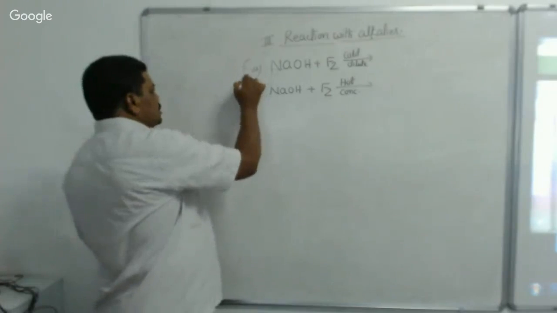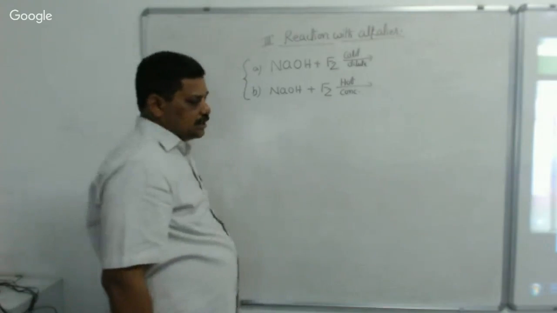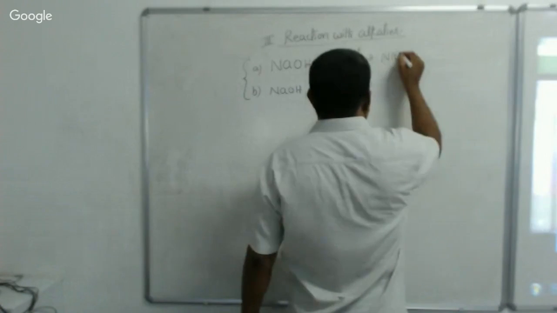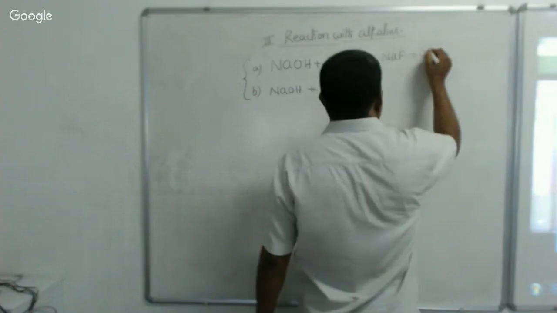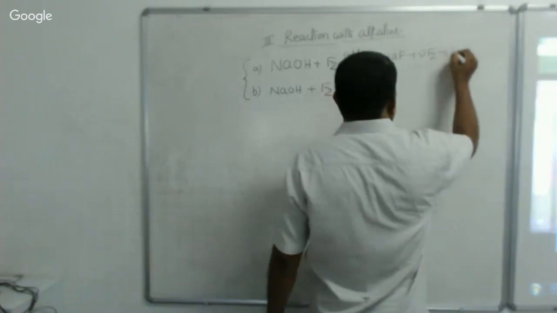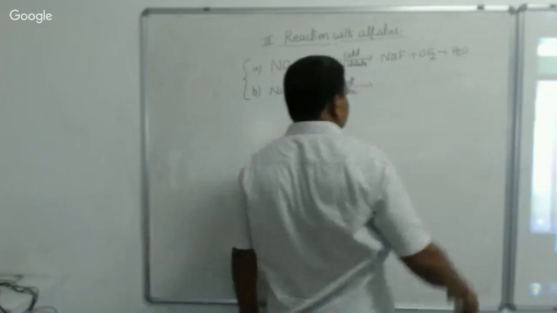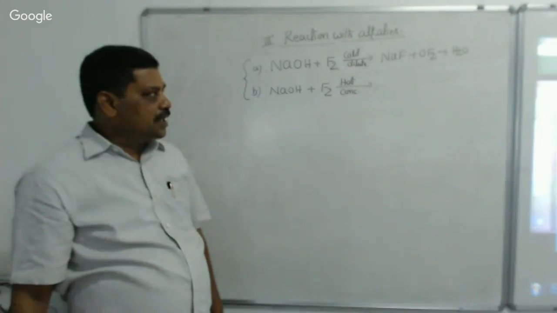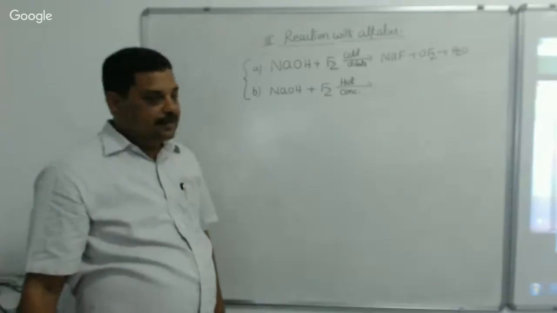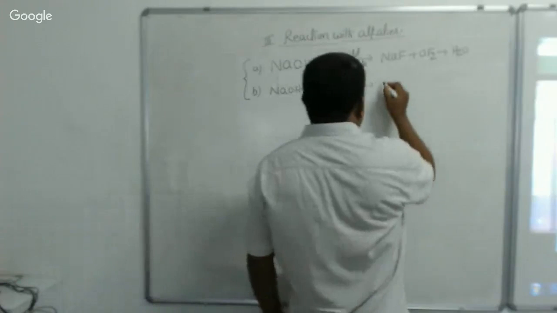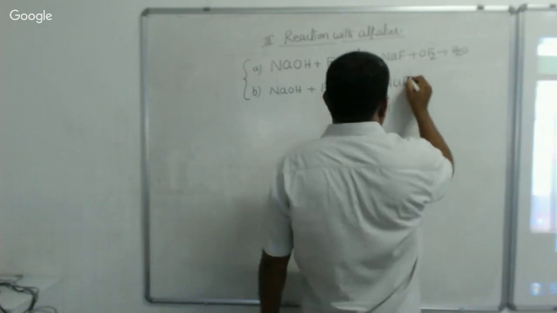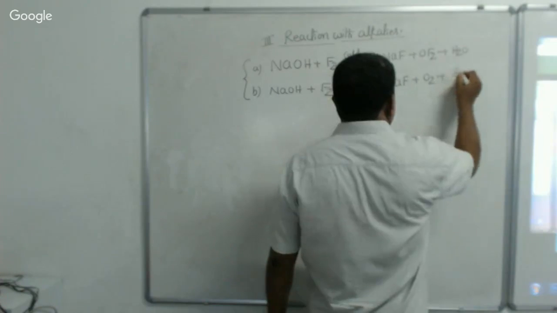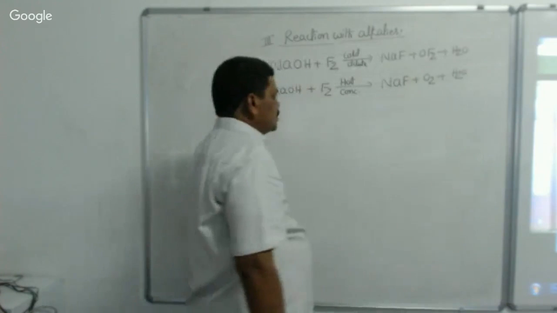You can call this one set of reactions. In cold condition, you get NaF plus OF2 plus H2O: sodium fluoride plus oxygen difluoride plus water. Then the hot concentrated condition.